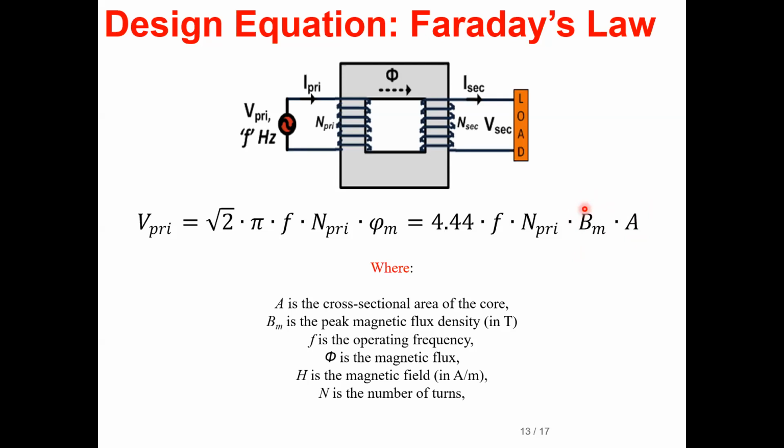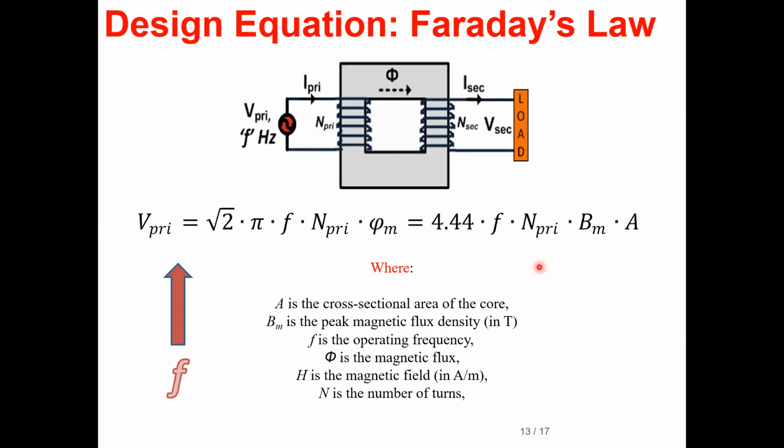So let's say if it is a silicon steel core, we may want to try and go towards 1.5 Tesla as much as possible, depending on the material. So that is limited by the core technology. But what we have room for is variation of A and then the primary number of turns. So when F is low, those are higher. So that's one of the reasons why the line frequency transformers are actually larger.